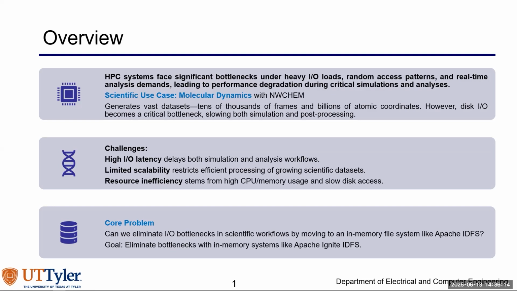The core problem we would like to solve is: can we eliminate the IO bottlenecks in scientific workflows by moving to a hybrid solution, the in-memory as well as IO integration, as part of this data pipeline? In this DOE project, we have different kinds of layers: the data acquisition layer, then the storage layer, then the utility layer, and then the data learning layer.